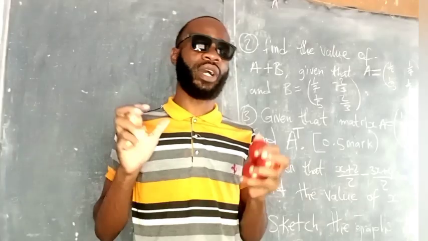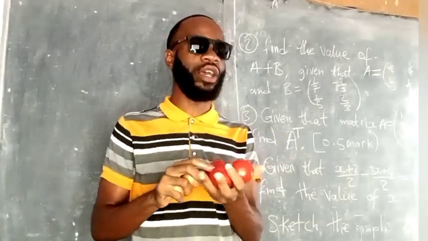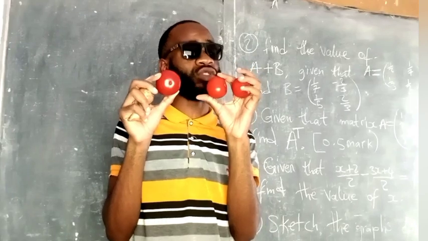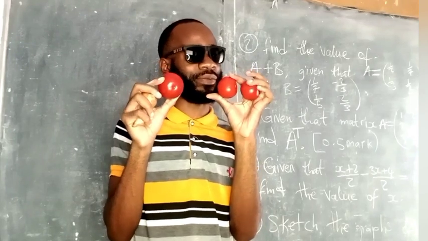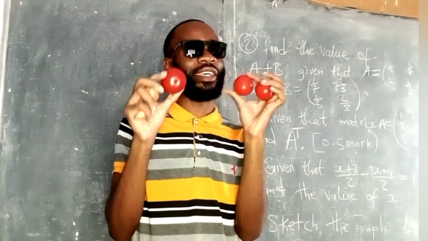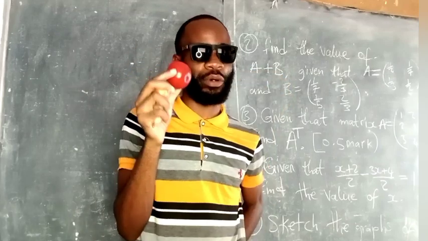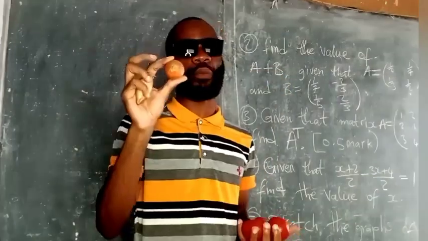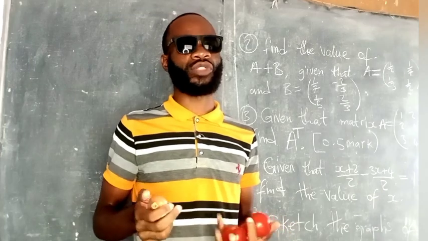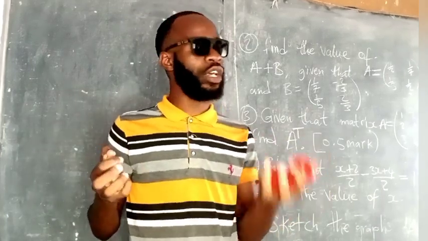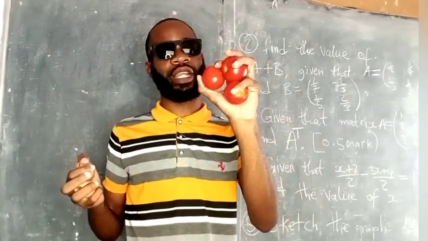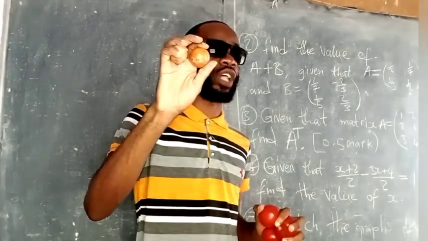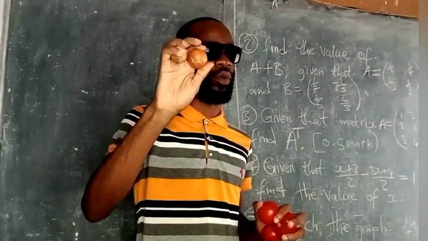As long as you are doing business with me, we are going to be representing tomatoes with letter X. So whenever I write X in my book, I'm talking about a tomato. Whenever I write Y in my book, I'm talking about an onion. So in our business, tomatoes are going to be represented by letter X, and onions by letter Y.